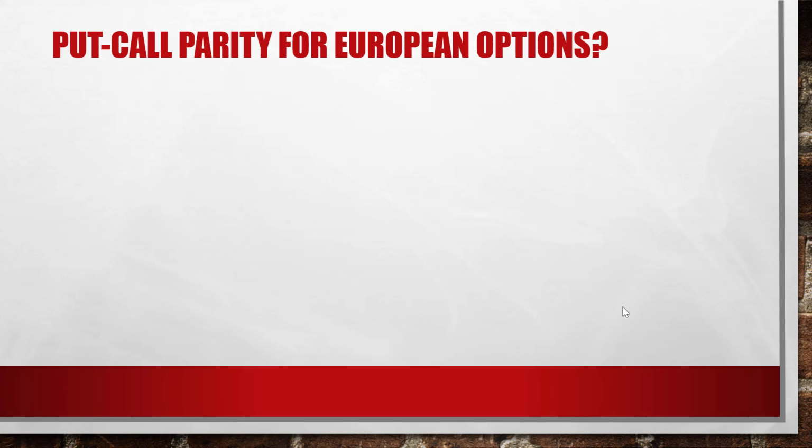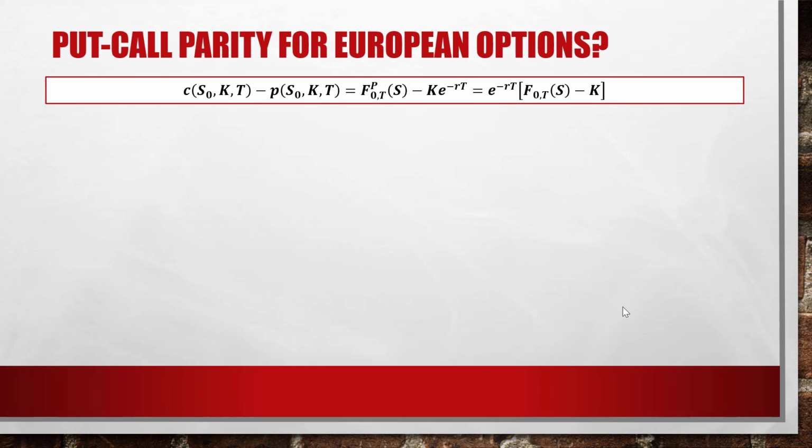Okay, let's talk about put-call parity for European options. Put-call parity says that the initial cost of the strategy should be equal to the prepaid forward price of the stock minus the present value of the strike.